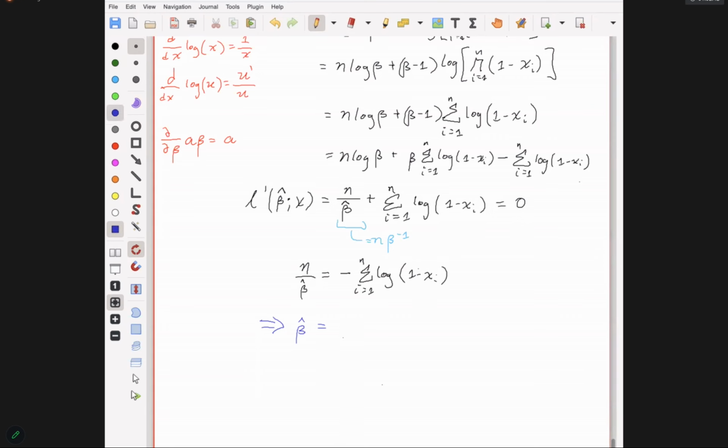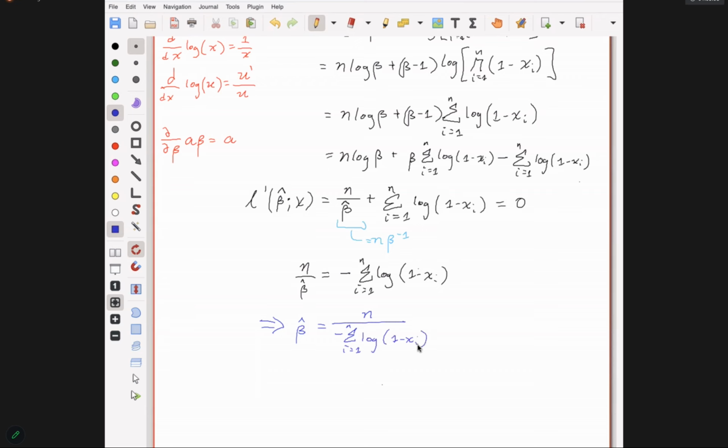And then beta hat we get by cross multiplying and dividing these things. So we can switch the positions of those, and beta hat is equal to n divided by negative the sum from i equals 1 to n of log 1 minus xi.